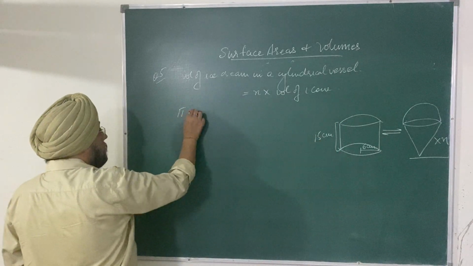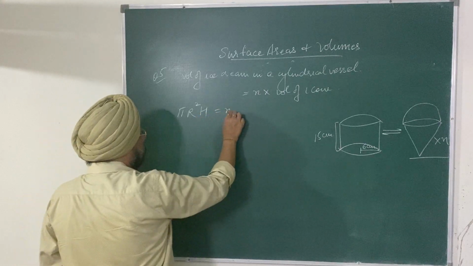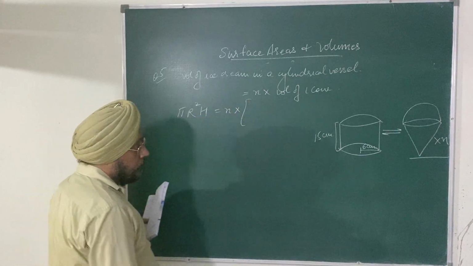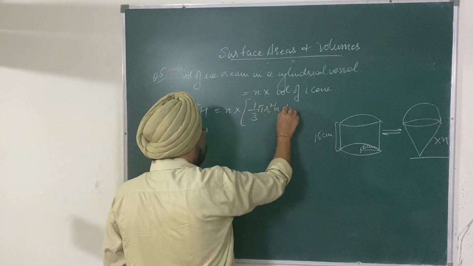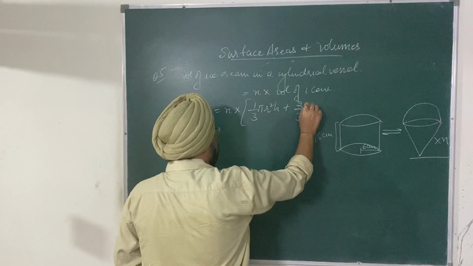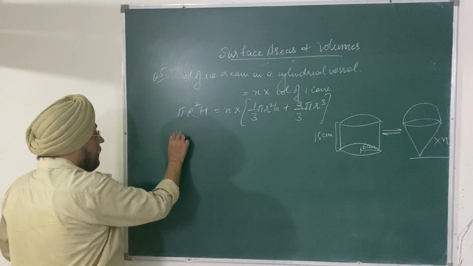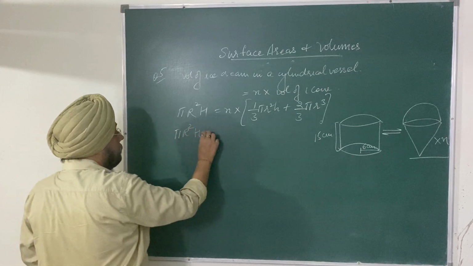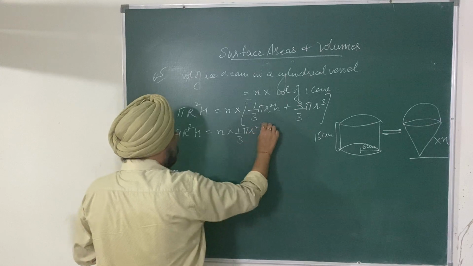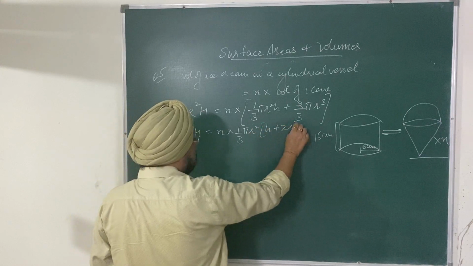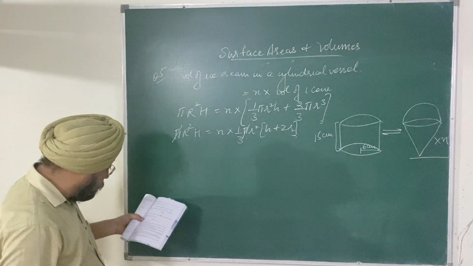So let the radius of the cylinder be capital R, height be capital H, and the volume of one cone is the volume of the conical portion plus the volume of the hemispherical part. So again take the common terms from the right hand side. So we are left with h plus 2r in the bracket. Again pi can be cancelled with pi. Now you can substitute the value.